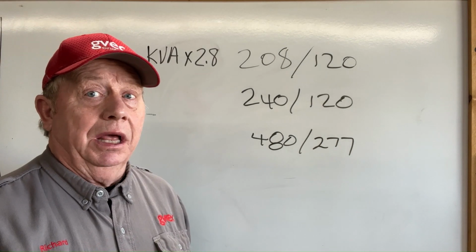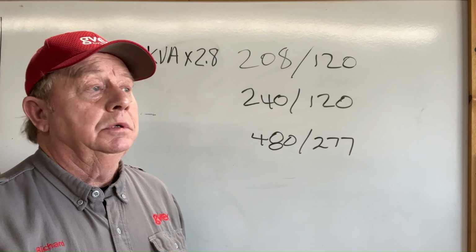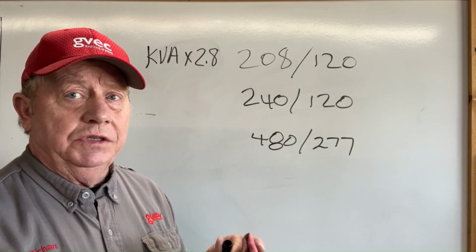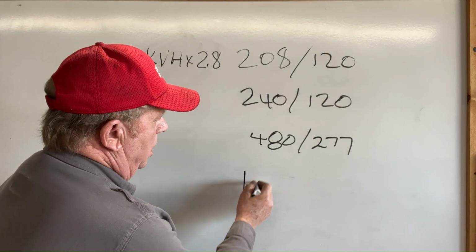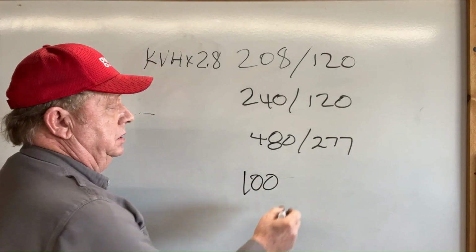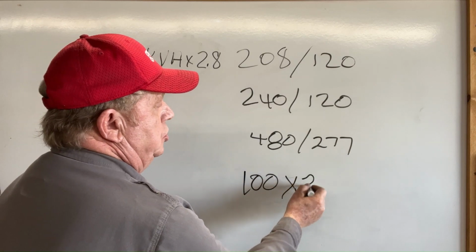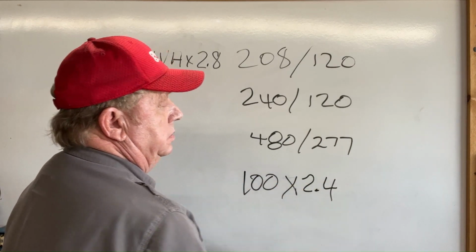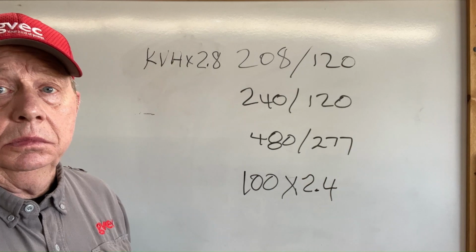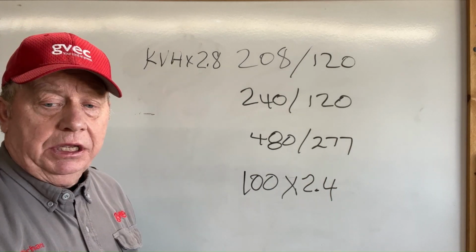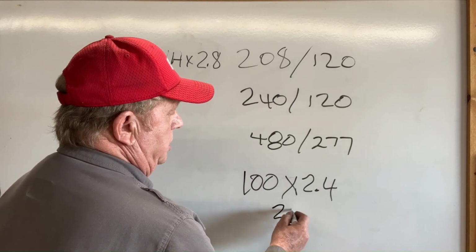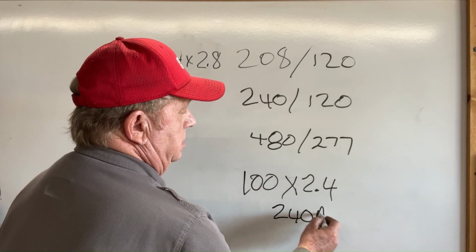Now we'll go and do 240 volt delta. Transformer bank is still 100 kVA. We know that the phase-to-phase voltage output is 240 volts. 100 times 2.4. I tell you the capacity of that transformer bank at 100% is 240 amps.